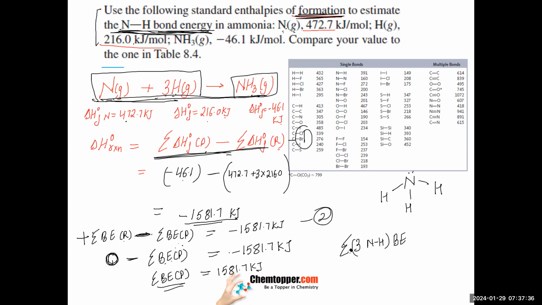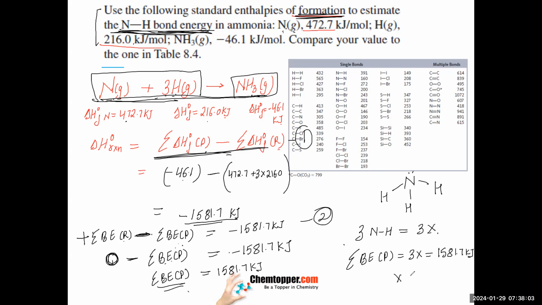So it is 3 times the nitrogen hydrogen bond, which I can say as 3x. I don't know the value. So the summation of bond enthalpies of the product is 3x, which is equal to 1581.7 kilojoules.